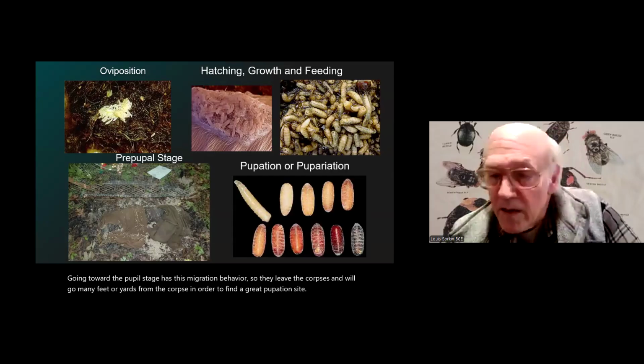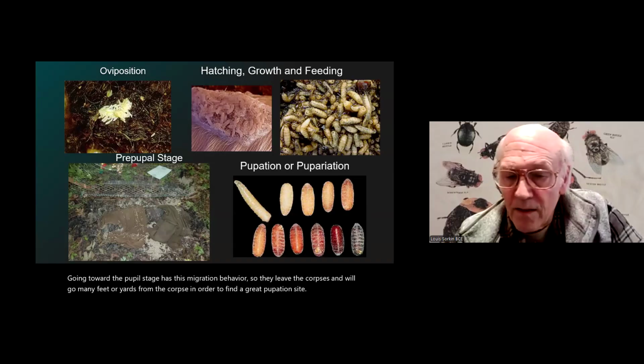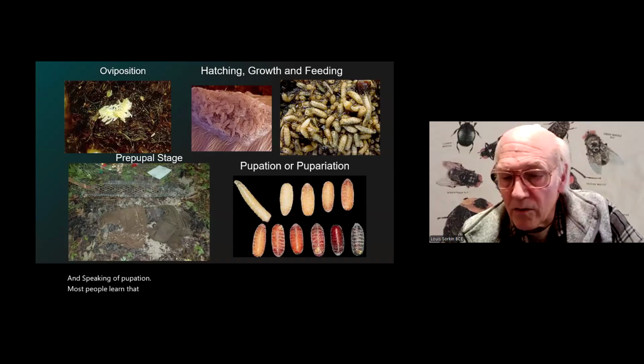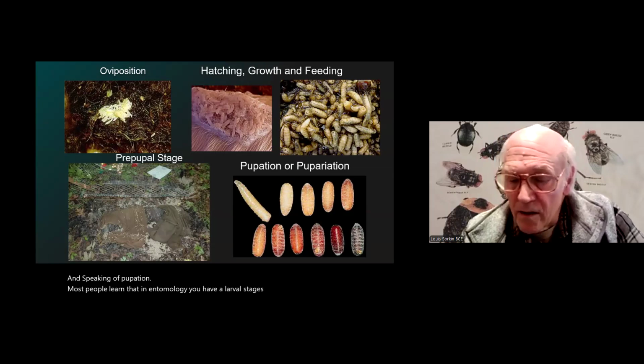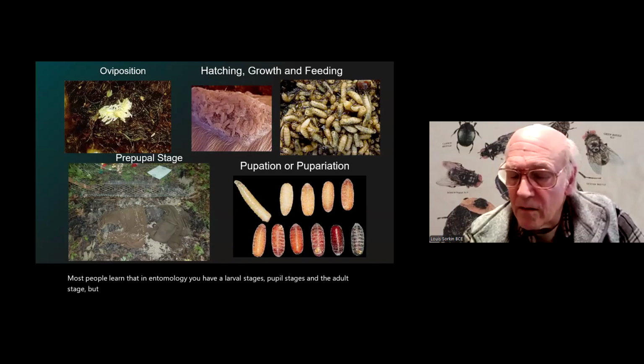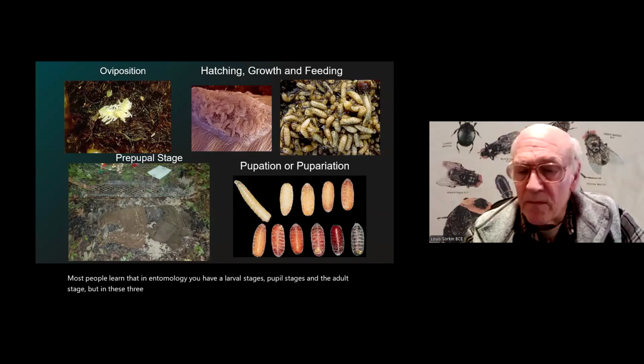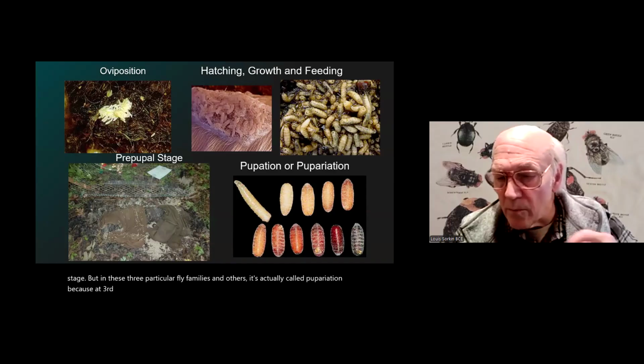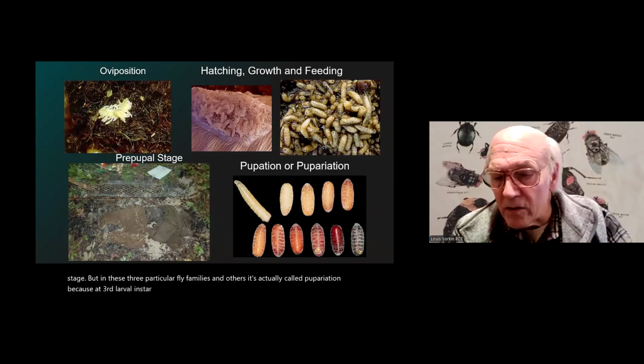And speaking of pupation, most people learn that in entomology. You have larval stages, pupal stages, and the adult stage. But in these three particular fly families and others, it's actually called pupariation because that third larval instar going toward the pupal stage actually uses the third larval instar skin.